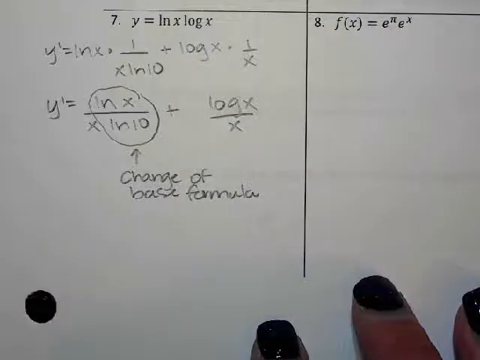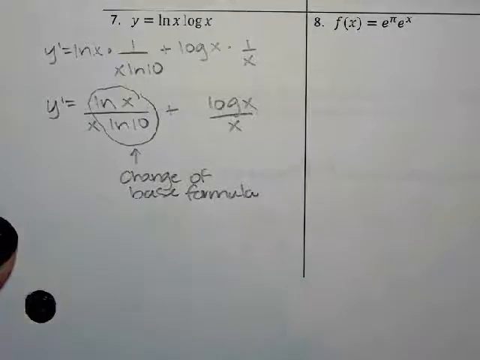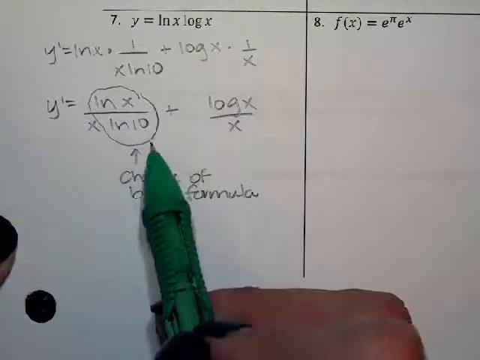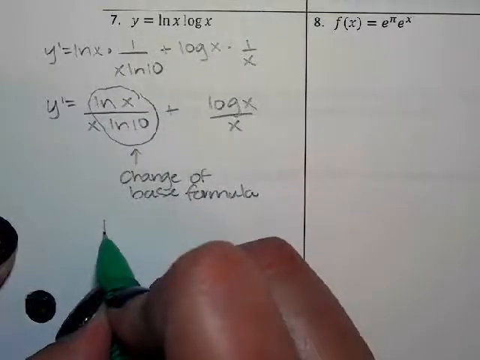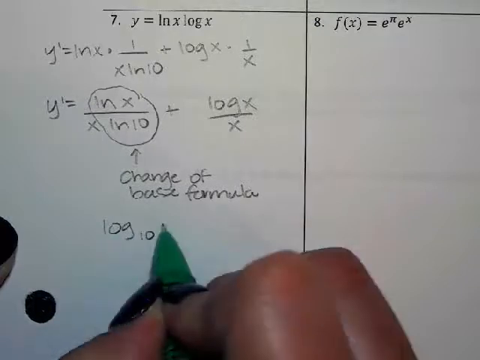They used to have to teach this because, before they started letting you plug a base into a calculator, we had to teach students how to do this because this is how you could plug logs into a calculator. So the way that you do the change of base is that log x over log 10 is actually log base 10 of x. It's the change of base formula.